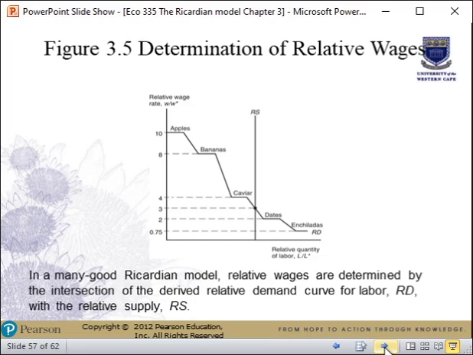This is the reason why the relative labor supply curve is a vertical straight line. The stepped shape of the relative demand curve is explained by the derived relative demand for the goods in question. Figure 3.5 shows that the equilibrium relative wage is 3.